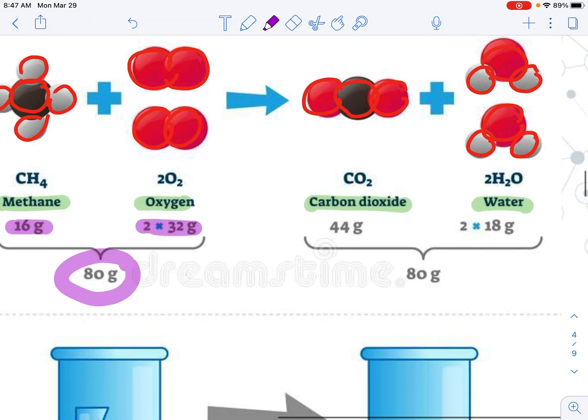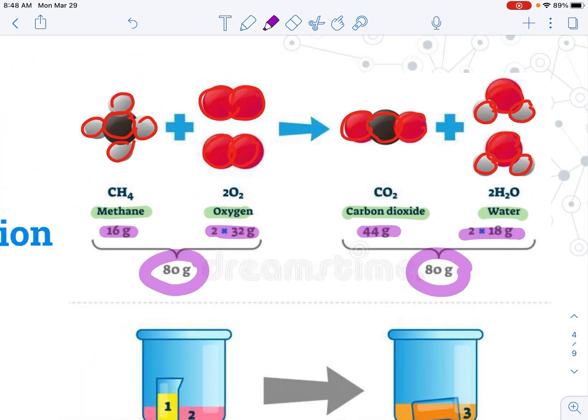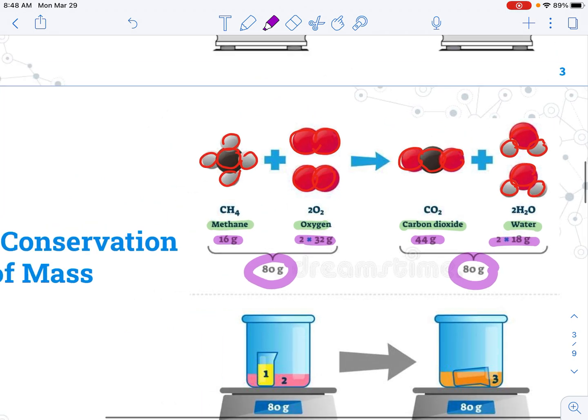When I create my new products, I have 44 grams of carbon dioxide and 2 water molecules, each 18 grams. I end with 80 grams. So even though we cannot see individual particles or atoms, what I start with is what I end with in terms of mass.